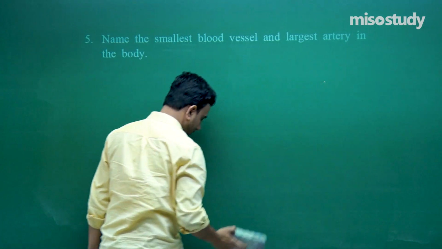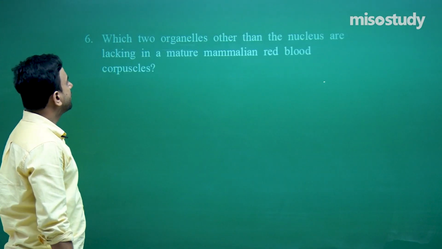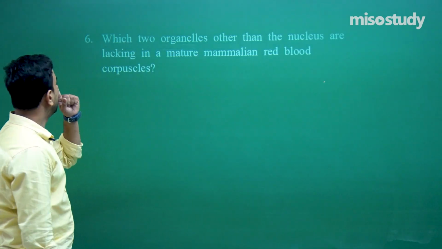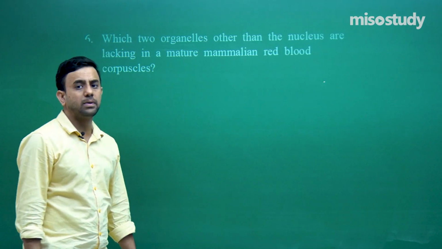Now, which two organelles other than the nucleus are lacking in a mature mammalian red blood corpuscle?